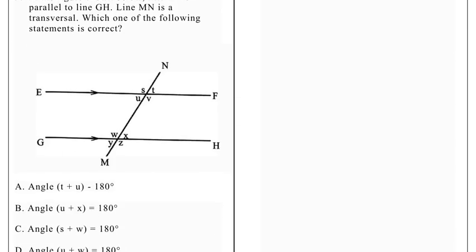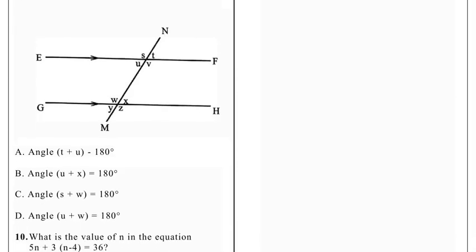We look for correct statement, but before we move to correct statement, let's check the statement. We must know the properties of angles, and I can take a very short time to take you through that. S and V are alternate. These ones are alternate and they are equal. T and U are also alternate and they are equal.